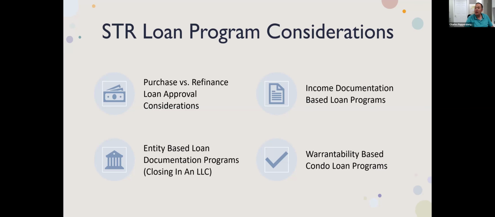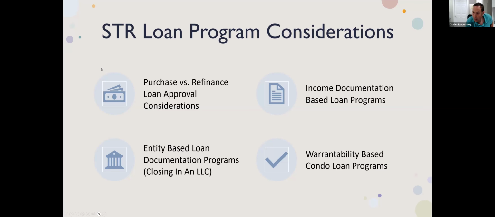A lot of short-term rentals, especially in the resort areas, are condos, so the warrantability comes into play. Look at Ocean City, for example. A good portion of condos in Ocean City are not even considered warrantable from a conventional loan standpoint. So then you have to start looking into how that affects your loan.